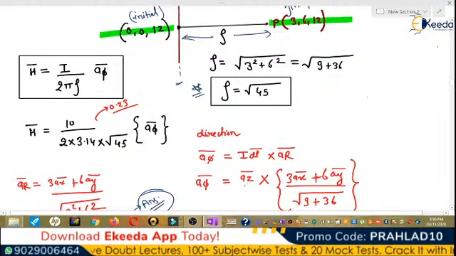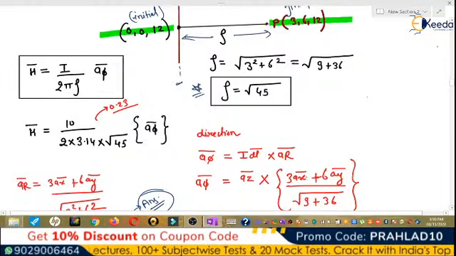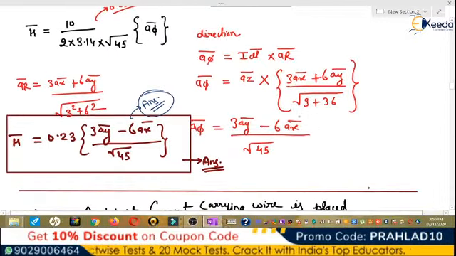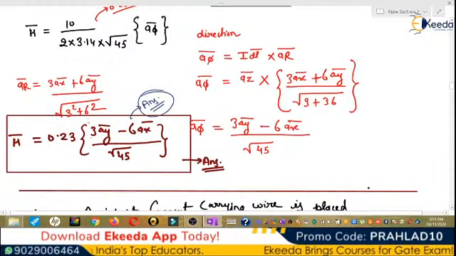So az vector cross aR vector is 3 ax plus 6 ay by root of 9 plus 36. So a phi vector is 3 ay minus 6 ax by root of 45. So H vector is 0.23 into 3 ay minus 6 ax by root 45. So this is our answer for this question.